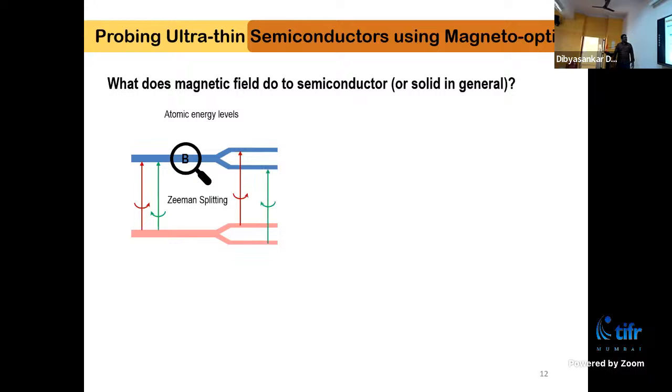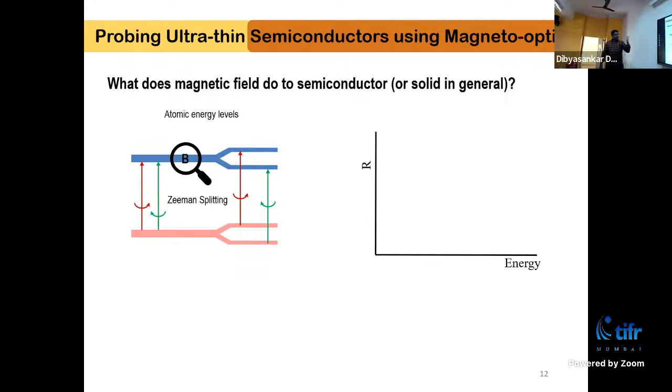Now if you shine these two polarized lights, one rotating like this, another like this, now they will have distinct transitions. This red light only transfers particles from here to here. The green will transfer from here to here, not to that level. So by applying a magnetic field, you lift the degeneracy which was there in this system.